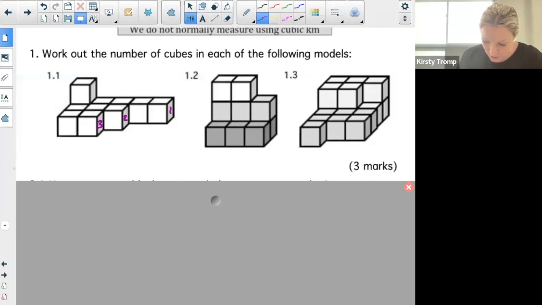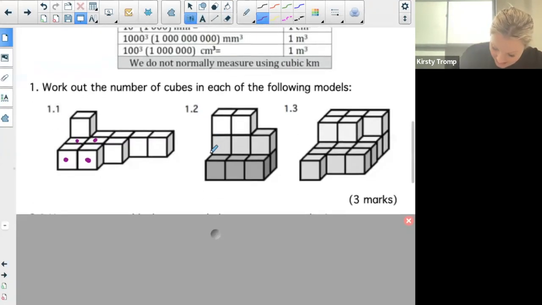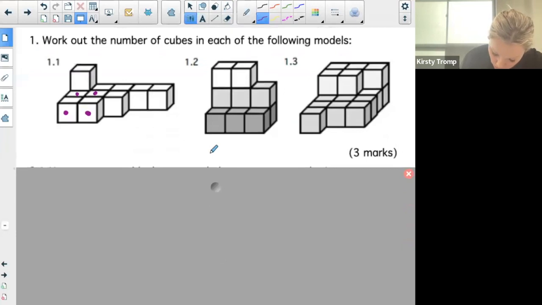Okay, so if I'm looking at that, I've got 3 rows of cubes that are going backwards. So I've got cube number 1, cube number 2, okay? Then behind that, I've got cube number 3, cube number 4, okay? Then underneath the cube on the top, I've got a cube underneath that.